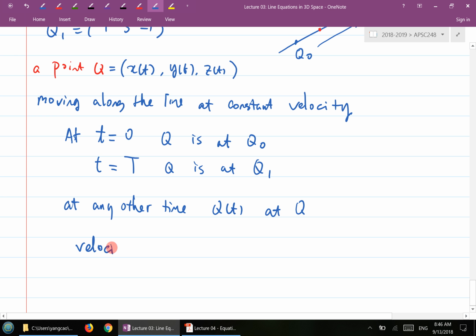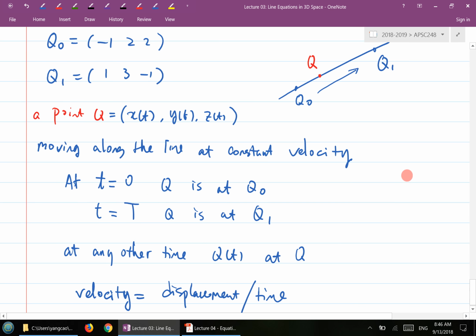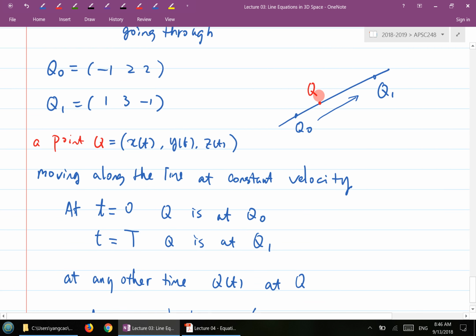Now if you recall, velocity equal to what? Displacement over time. Okay, physics. Displacement over time gives you the velocity. So let's take a look at the current description here. I said it's a constant velocity, so it really doesn't matter where, it's always the same velocity.